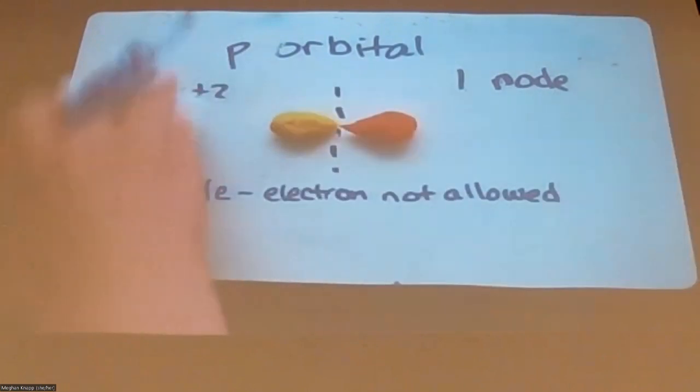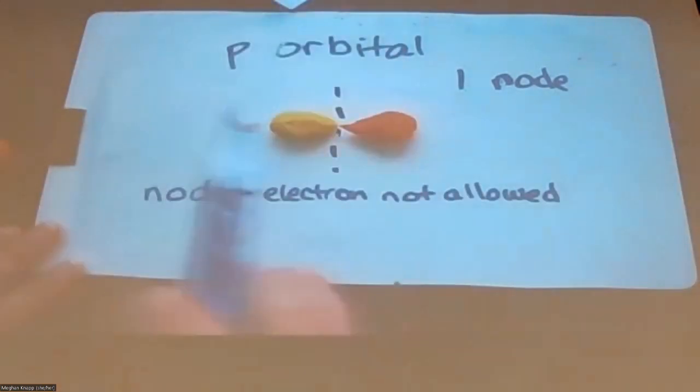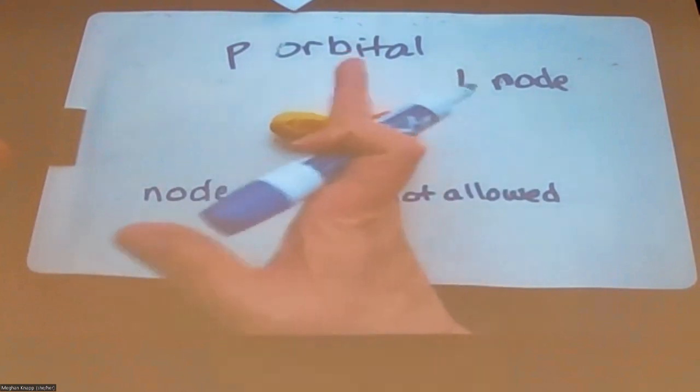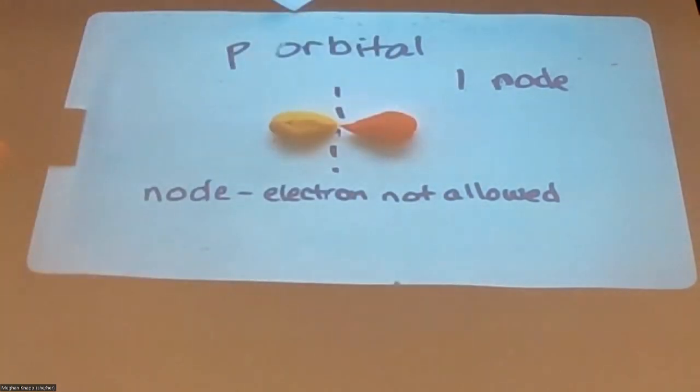So anytime we have a node, the color changes, and we use colors because it's not the same thing as a charge. So in chemistry, we don't want to confuse it with a charge. But that just helps us to distinguish where a node is. So if I have 2 different colors, there's a node there. Okay, so that's the whole point of the different colors.